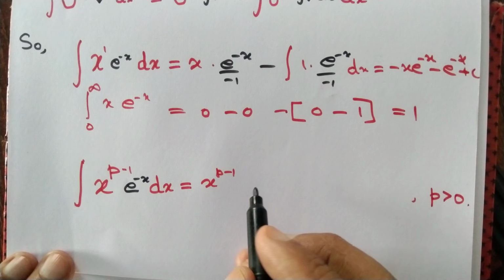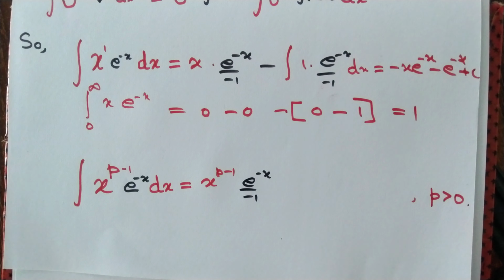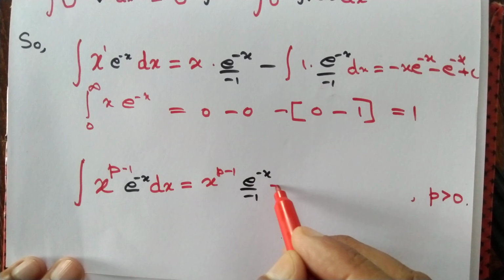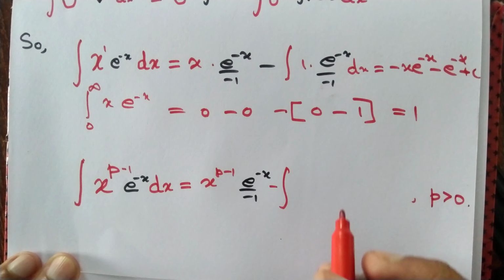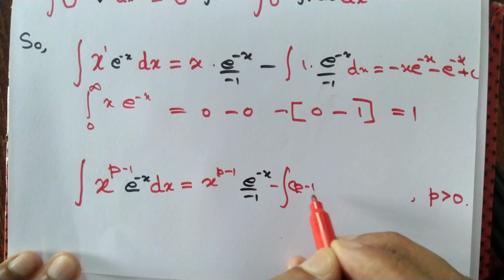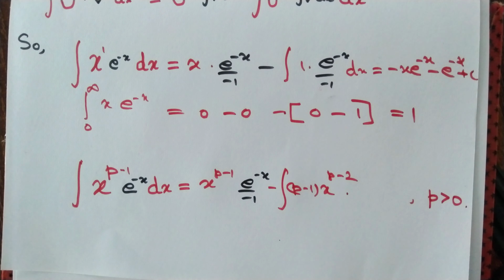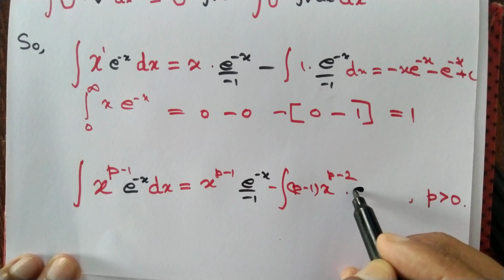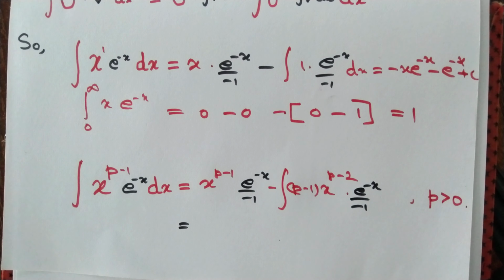The integral of e to the power minus x is e to the power minus x by minus 1, minus the integral of the derivative of the first function. The derivative of x to the power p minus 1 is p minus 1 times x to the power p minus 2, times the integral of e to the power minus x, which is e to the power minus x by minus 1. So far so good.